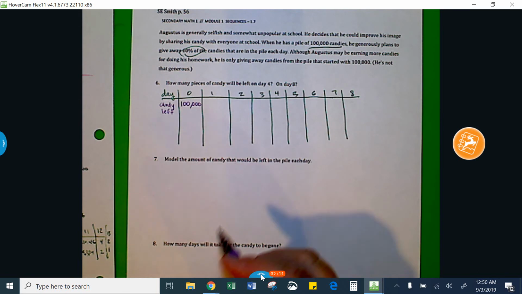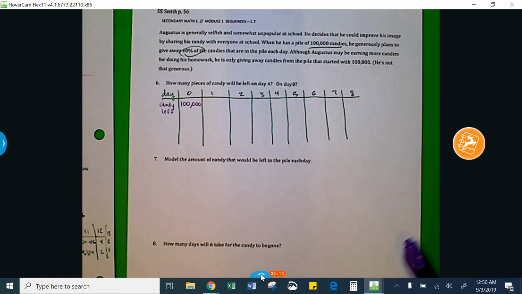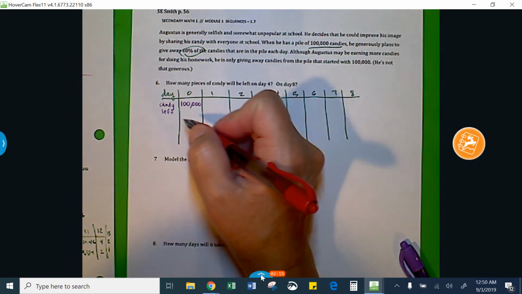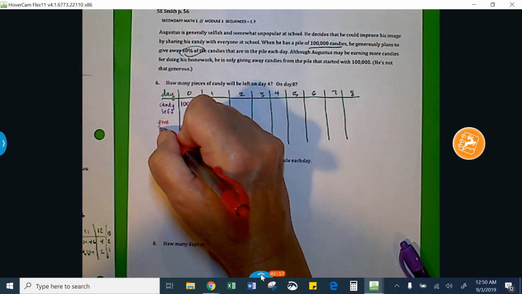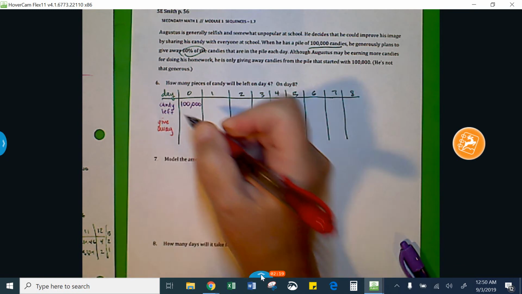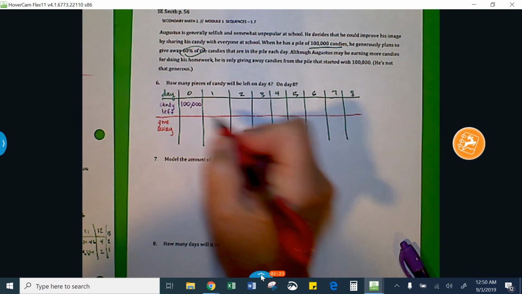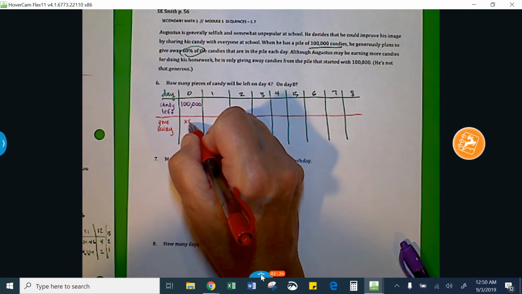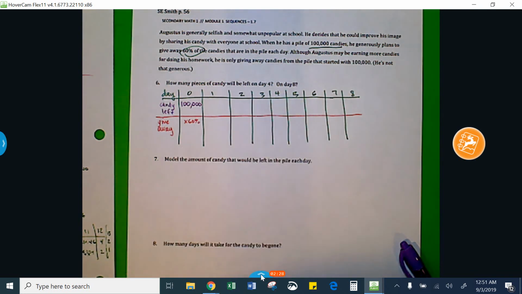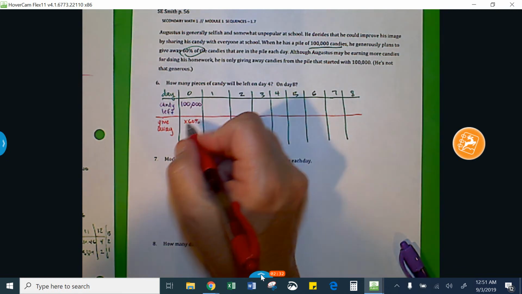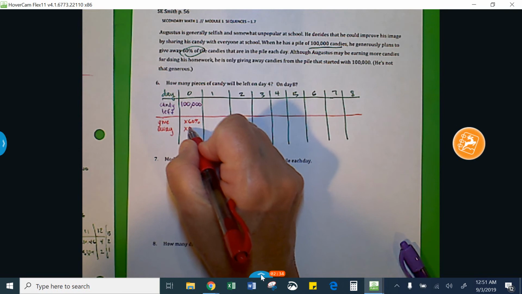Now what we're going to do is he's going to give some of that away. He's going to give away 60% of it. So let's do a little calculation here for a giveaway. He's going to give away 60%, so we need to multiply this by 60%. 100,000 times 60%, or you could say times 0.6.